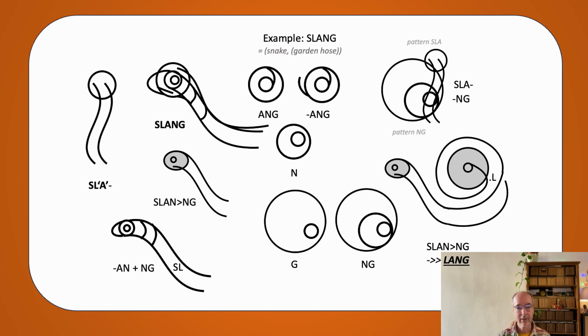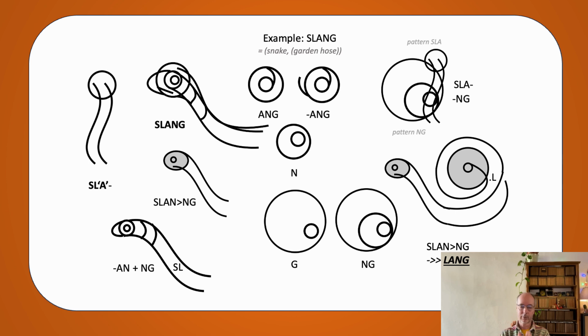It's funny with slang, if I combine these two things, the large L will be even larger, so I have a little more emphasis on le, and le lang exists as well, which means long. It still fits.